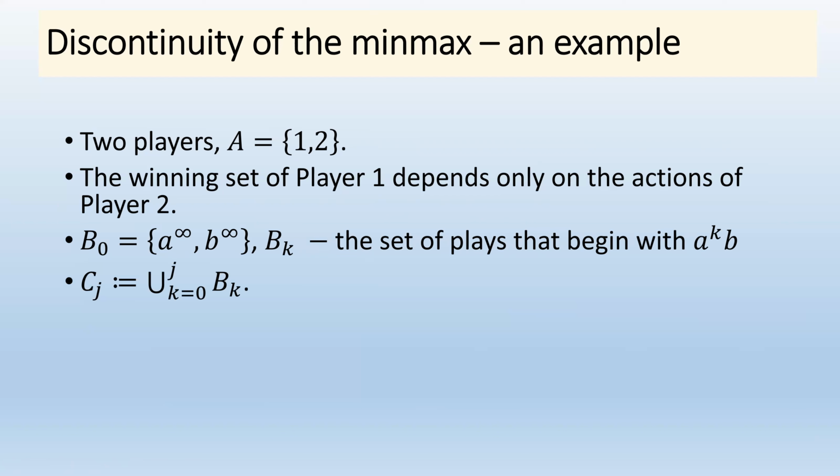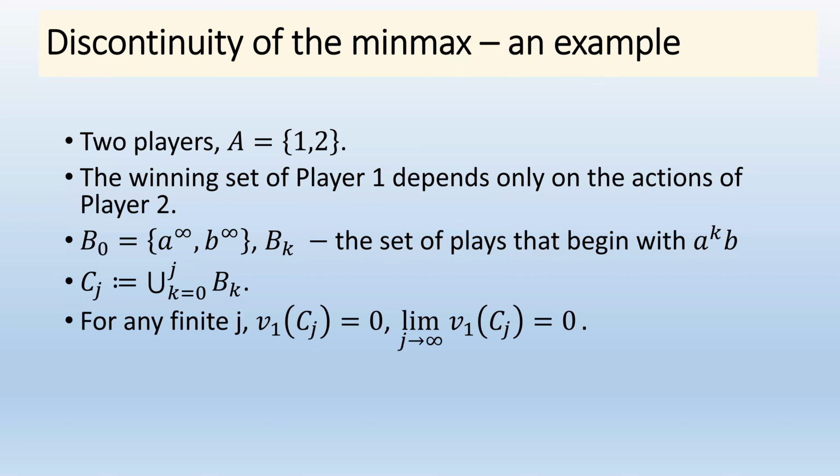Now we define the increasing sequence of winning sets. CJ is the union of all the BK's from K equals 0 to K equals J. What does it mean? CJ is the set of plays such that it's either always A, or always B, or K times A followed by B and then continues however. Now let's think about the min-max of these CJs.